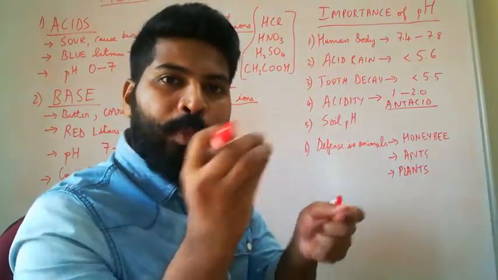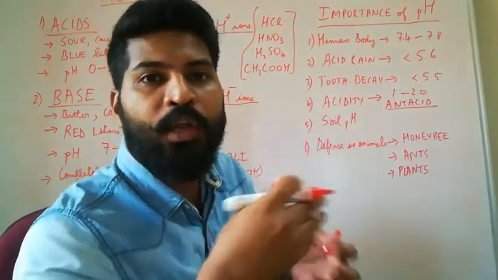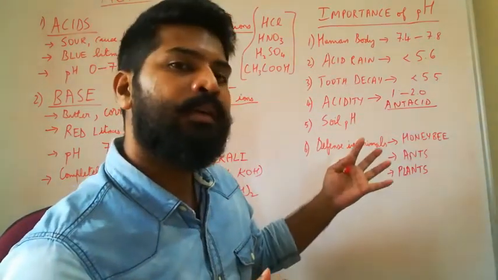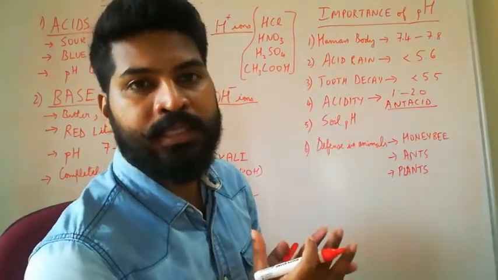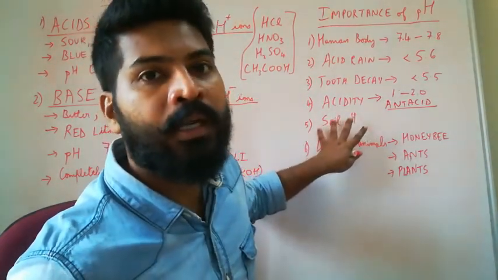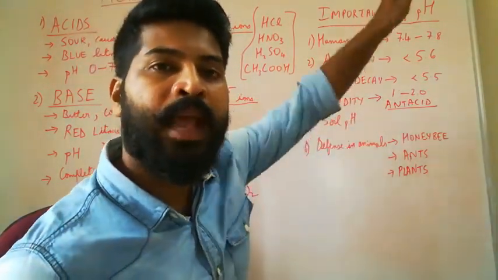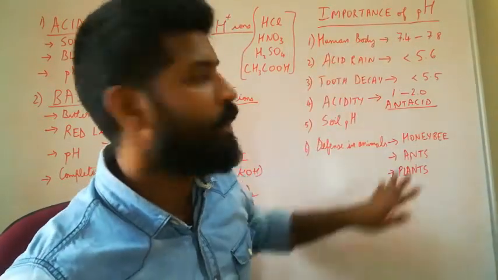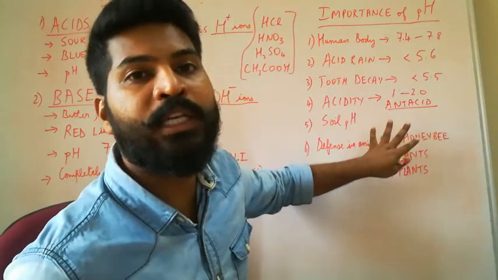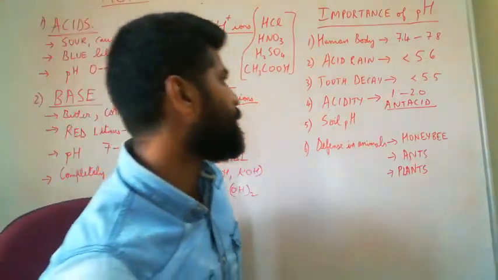So you open this ENO packet, put it in water, dissolve, you get a basic solution. You drink it, so acid will react with the base and the base will neutralize the acid. So acid in the stomach will decrease. So that is how an antacid works. Milk of magnesia, Mg(OH)2.